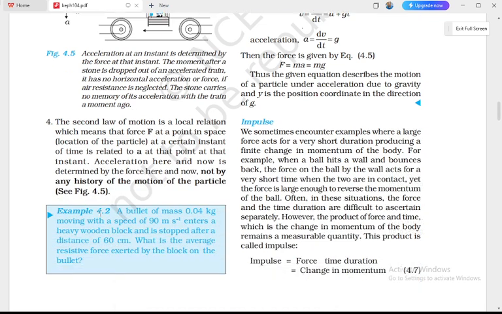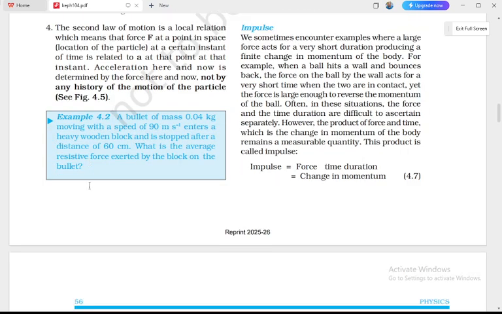The second law of motion is a local relation, which means that the force F at a point in space, the location of the particle at a certain instant of time, is related to a at that point at that instant. Acceleration here and now is determined by the force here and now, not by any history of the motion of the particle.